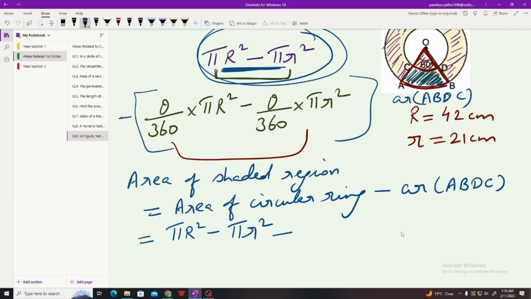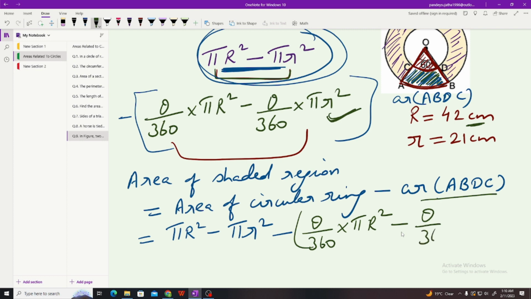Minus, to find the area of this ABDC, I just explained here how to find area of sector, that is theta upon 360 into pi r square. Area of sector with radius 42 centimeter minus area of sector with radius 21 centimeter.